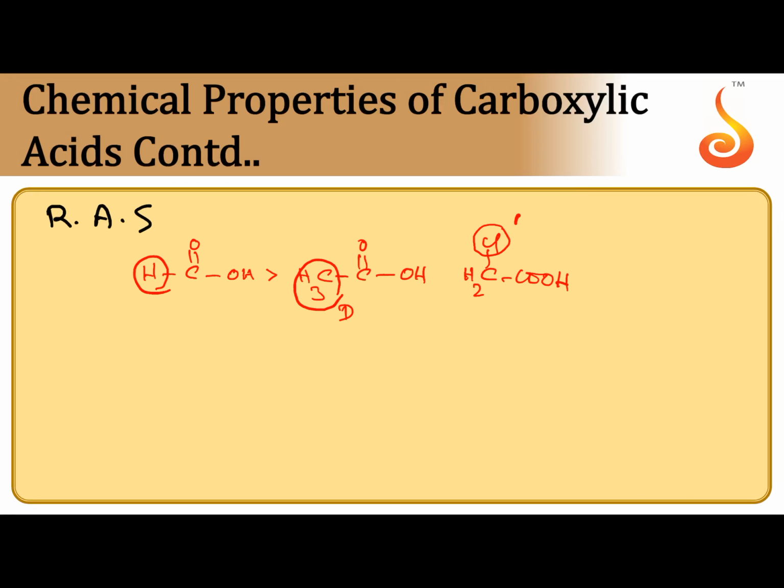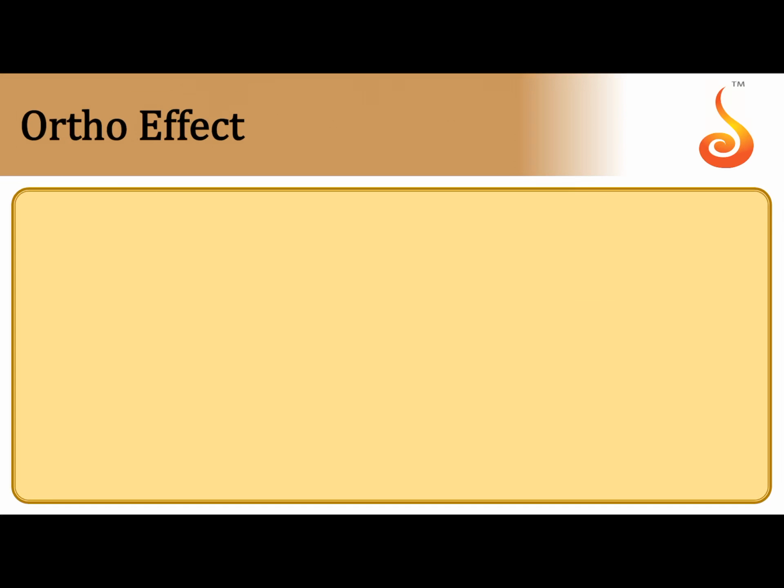So here Cl group is acting as electron withdrawing group. So when compared with just CH3, because of Cl, CH2Cl acts as electron withdrawing group. So acidic strength increases. Next one, in place of Cl, if it is F, so both are minus I groups, but inductive effect is more for fluorine. That's why alpha fluoroacetic acid is more acidic.